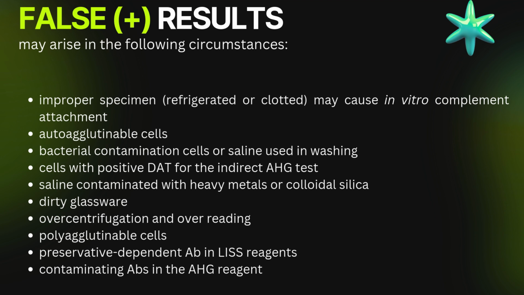So finally, over centrifugation and overreading, as well as polyagglutinable cells or preservative dependent antibodies in lectin reagents, might lead to inaccurate results. As we move forward, bear in mind, guys, these factors when interpreting test results to ensure accuracy and reliability.